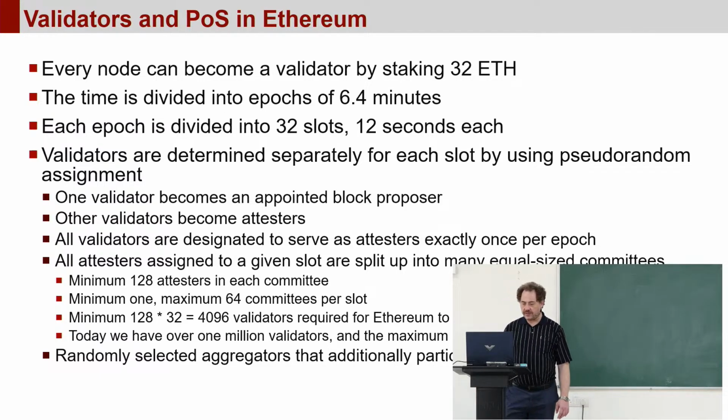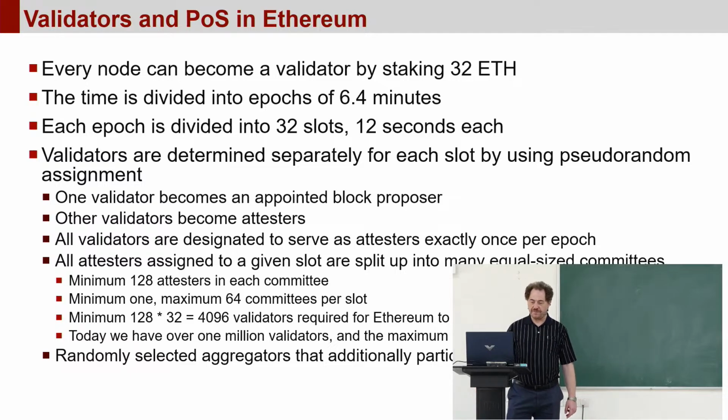And all attesters assigned to a given slot are split up into many equal-sized committees. So there is a rule to have a minimum of 128 attesters in each committee, and a minimum of 1 committee per slot, maximum 64 committees per slot.